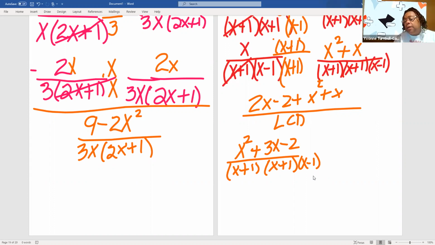So let's see, can we factor the numerator? I don't know. Let's see. We want to get a 3 in the middle, and we need a negative 2.